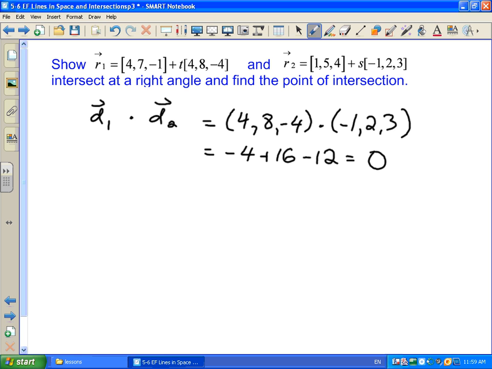So if the dot product of the direction vectors is 0, that tells us the direction vectors are perpendicular, so the lines are perpendicular. Therefore, we'll say R1 and R2 are perpendicular.